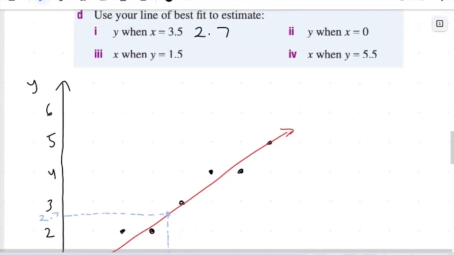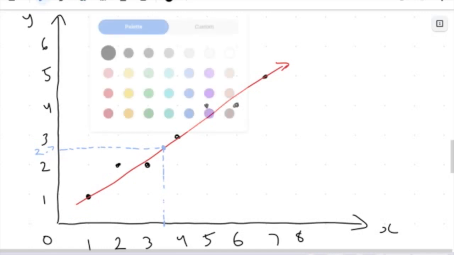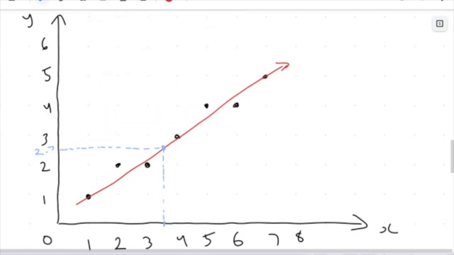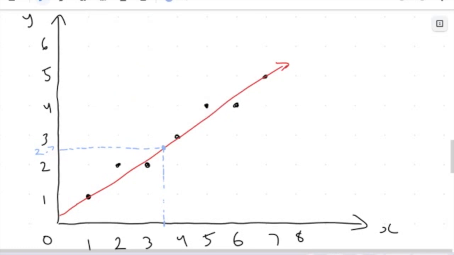Part 2, it's asking us to find y when x equals 0. Now we want to extend this one a little more. And if I draw this down, I get down to about here. So when x is 0, so here's 0 on the horizontal, my vertical is going to be about 0.3.